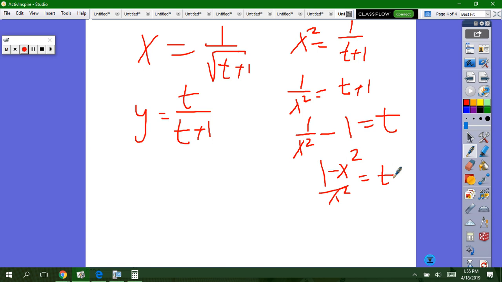I squared both sides. Then I flipped the fractions. Then I went ahead and subtracted 1. Or are you asking the bottom? I got a common denominator. Right here, see? X squared over X squared.